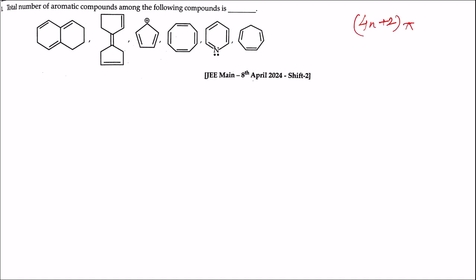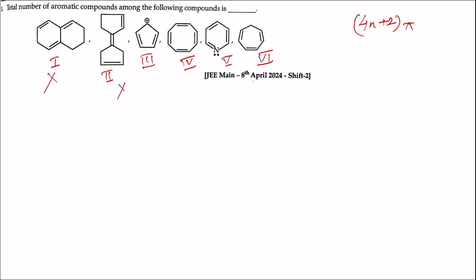Now suppose this is compound number 1, this is 2, this is 3, 4, 5 and 6. Compound number 1, it has 2 rings, so it must be having 10 pi electrons, but it is having less than 10 pi electrons. So 4n plus 2 pi electron rule is not followed here, so this is not aromatic.